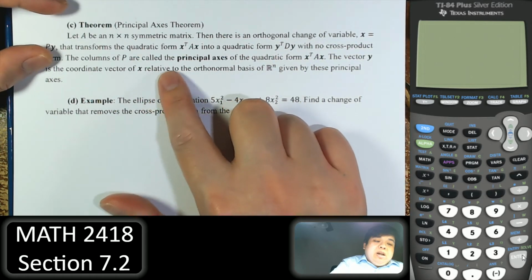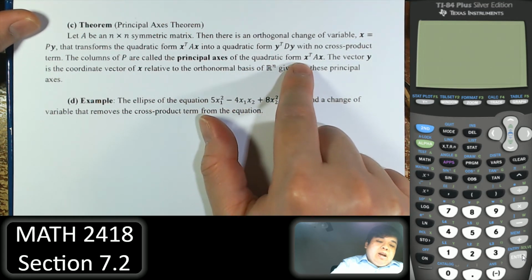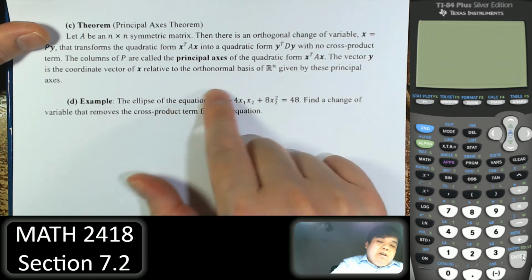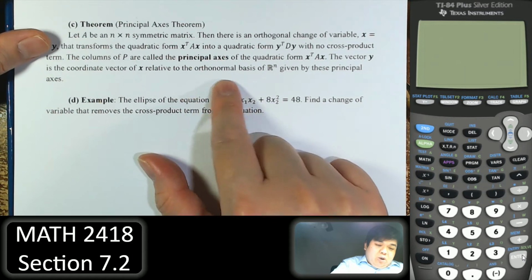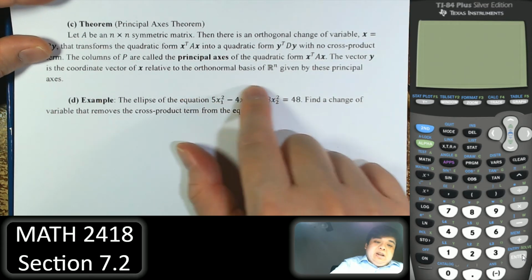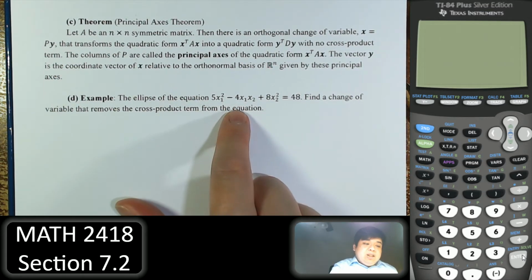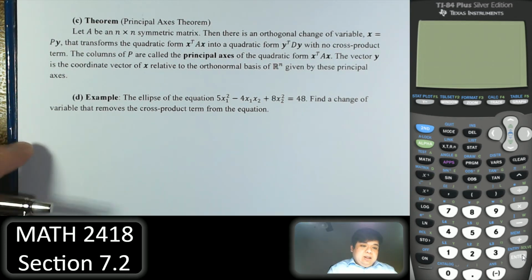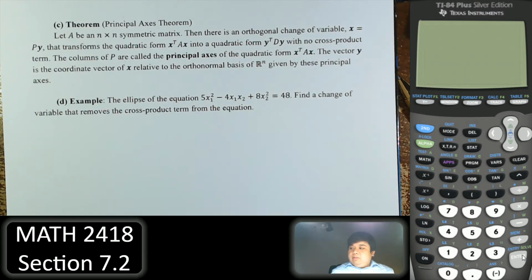The columns of P are called the principal axes of the quadratic form x transpose A x. The vector y is the coordinate vector of x relative to the orthonormal basis of R^n given by P. Of course, all that doesn't matter as long as you know how to change this quadratic form into the one without the cross product term.